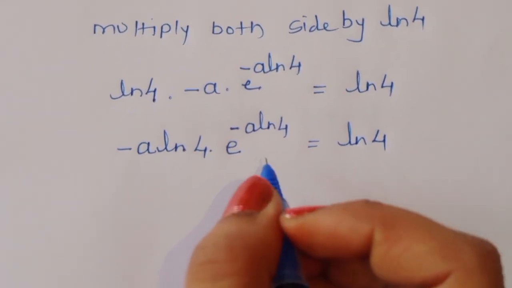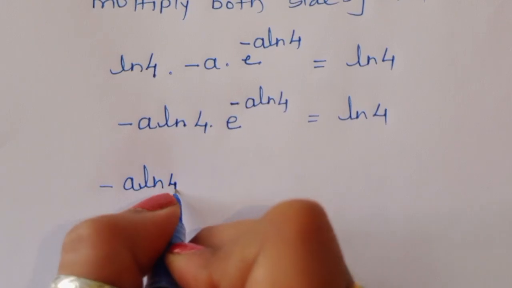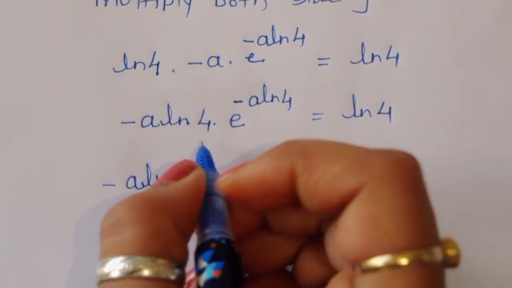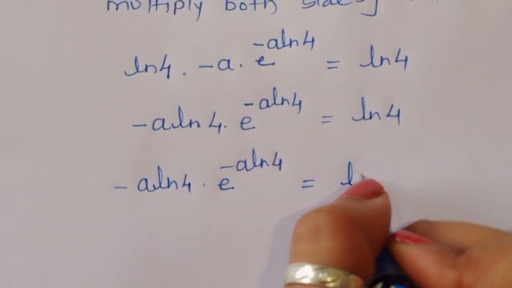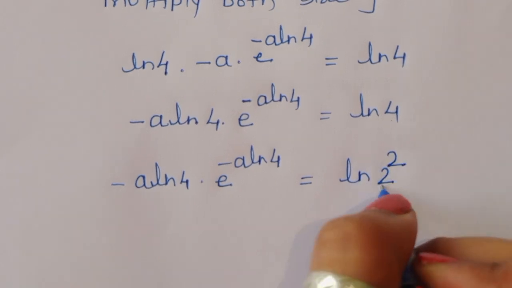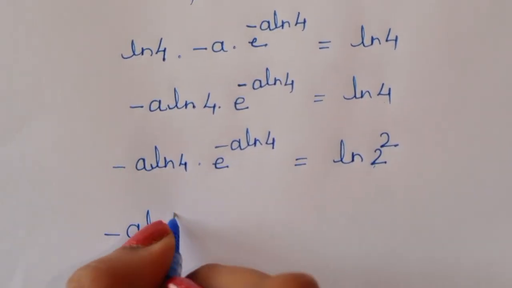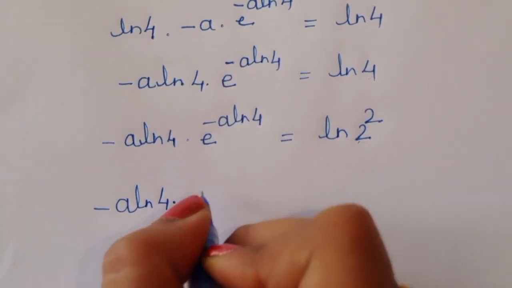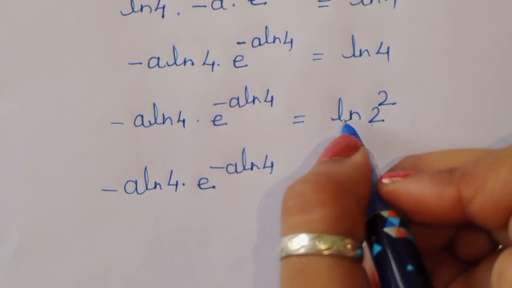Now we can write minus a ln 4 times e to the power minus a ln 4 is equal to ln 4. Here ln 4 is ln 2 squared.